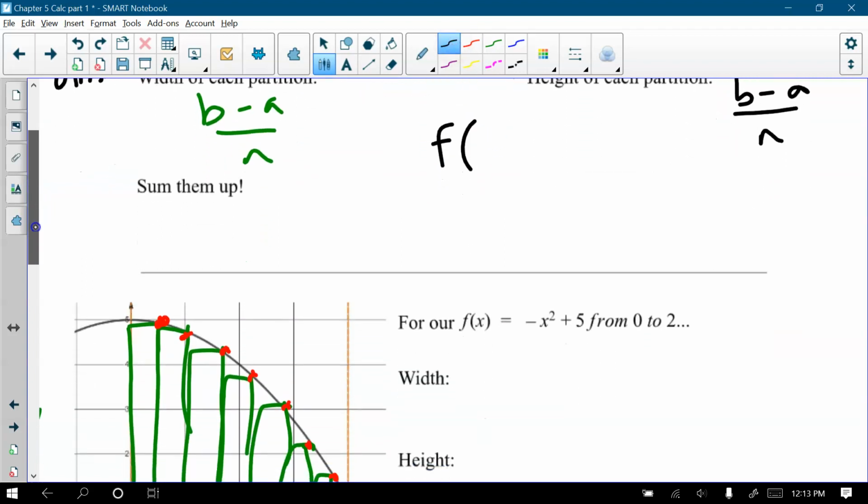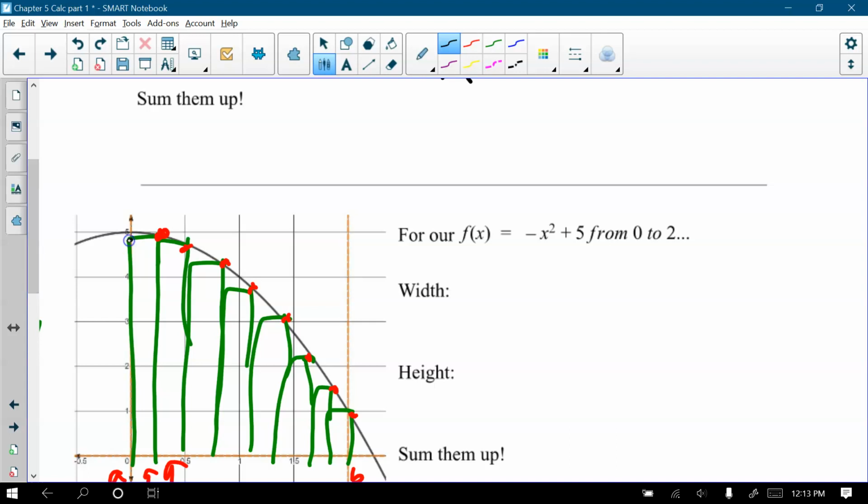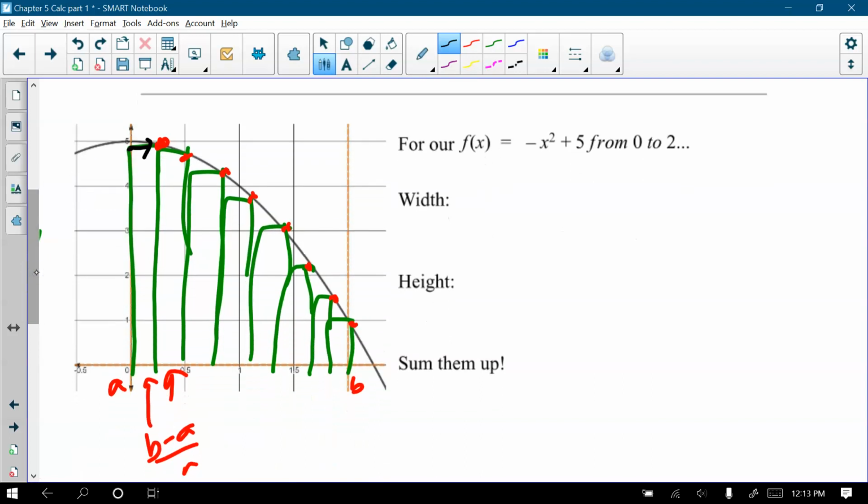How do I get from here to there in terms of my height? Well, it looks like I had to do f of something. It looks like I had to do b minus a over n, but in fact I had to do an a plus b minus a over n. And then I found that height. And then I had to do, well, let's just stop there.